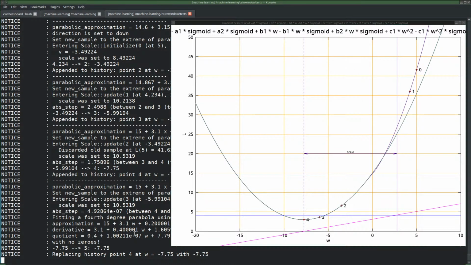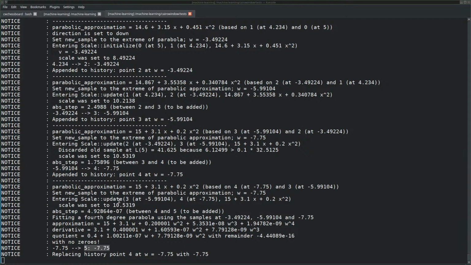It seems a bit late, if you ask me. It's almost confusing by now, this debug. I did refuse to add it again. 4 was already there. I think like this. So the point that we refuse to add, and instead we replace the 0.4 in the history with that value, is 5, the new point that we found after adding this value to the last sample.